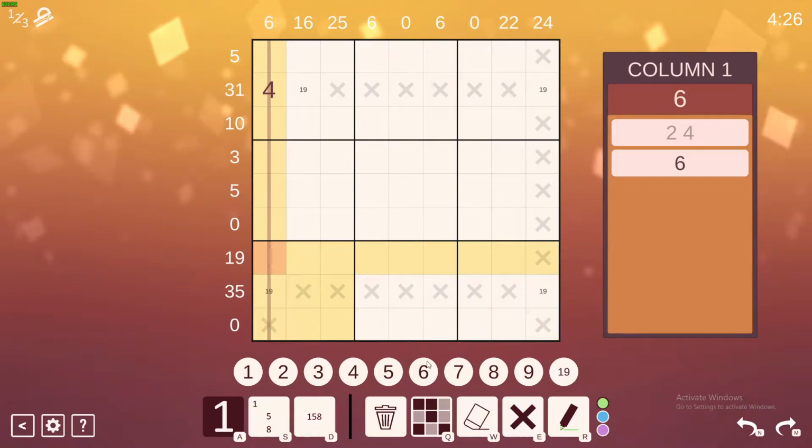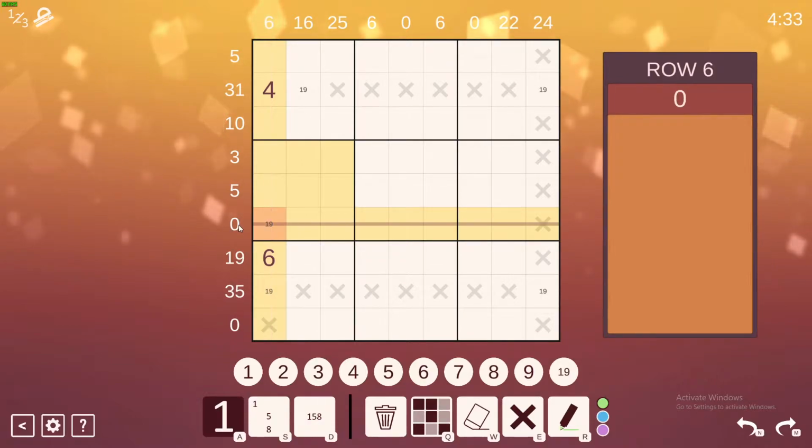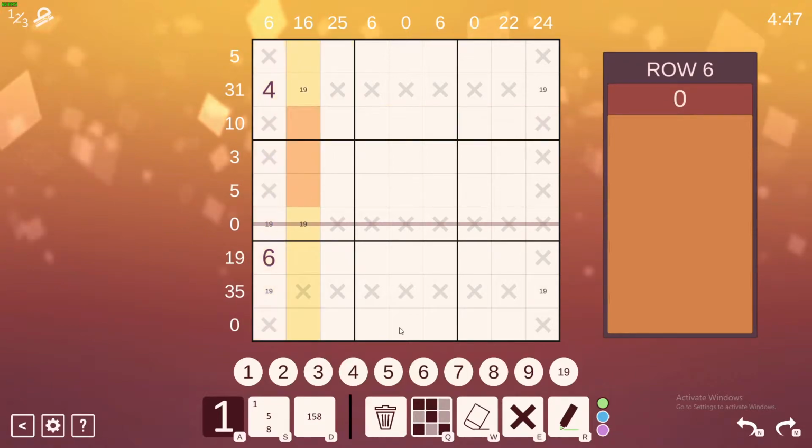X here, a 6 here, and a 1, 9 there. Now we can use this 0 clue to say that there will be a 1, 9 here as well. Now we have a 1 and 9 in this row, so we can eliminate 1, 9 possibilities, as well as this column and this row.